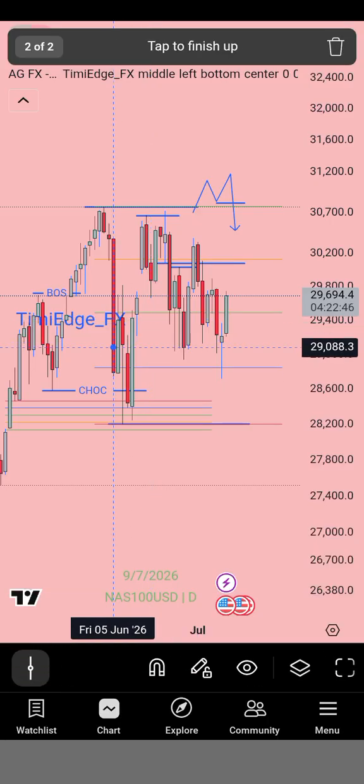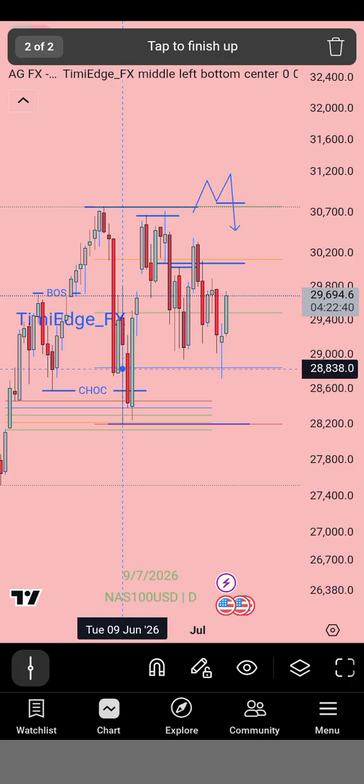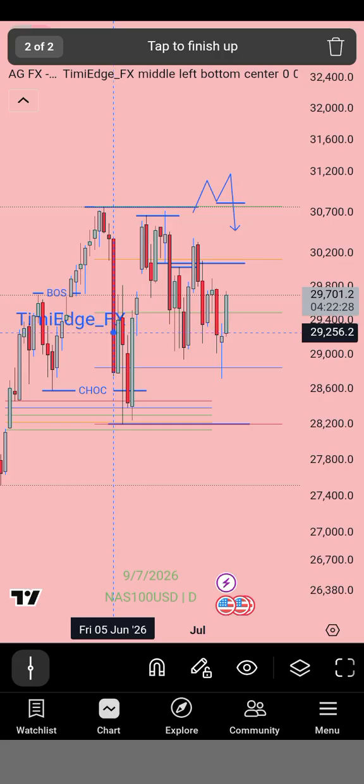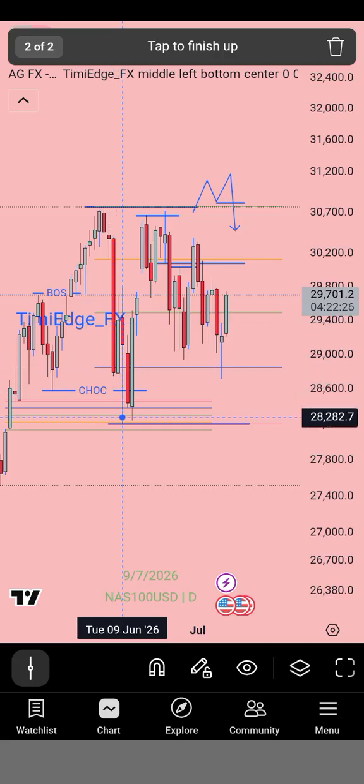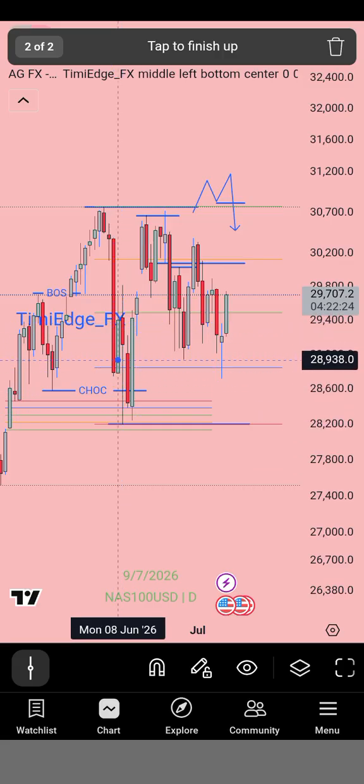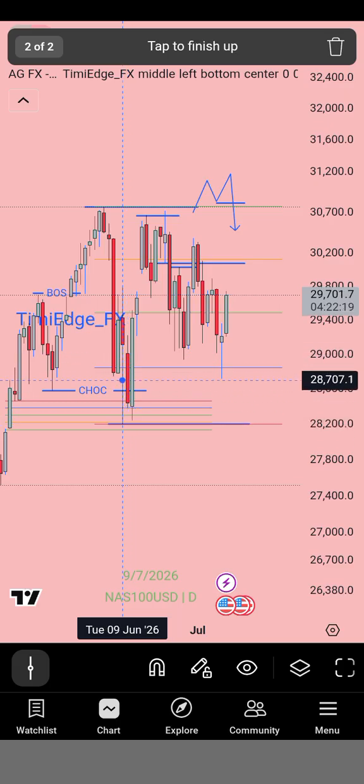So you can see this candle here. This was the pullback after the change of character, right? And another situation price can do is that price could have arranged the liquidity before the change of character. As you can see here, when price created something like a change of character here, right?